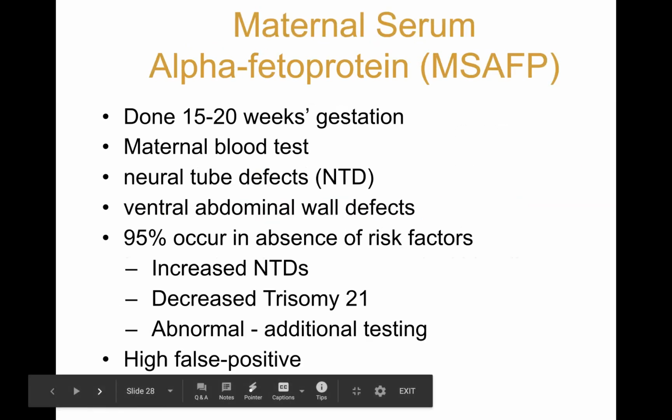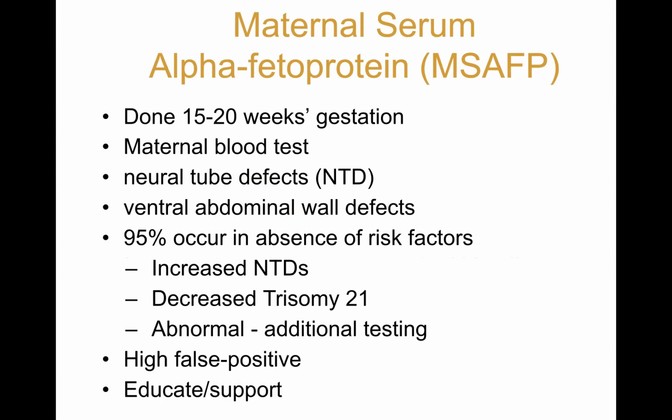So the next test is a blood test. It's maternal serum alpha fetoprotein. MSAFP is the abbreviation. And this is done about 15 to 20 weeks gestation. This is optional. This is not mandatory. If the mom refuses, the mom refuses, but this is not mandatory.